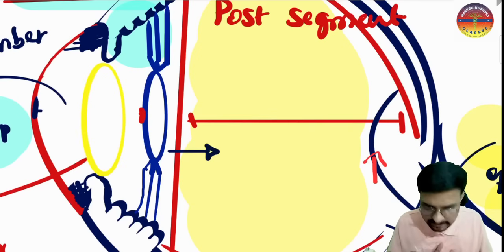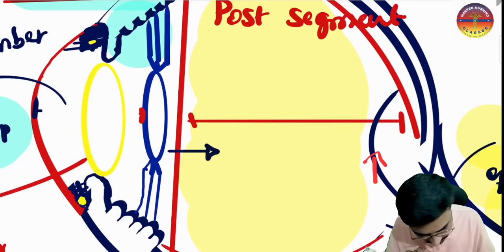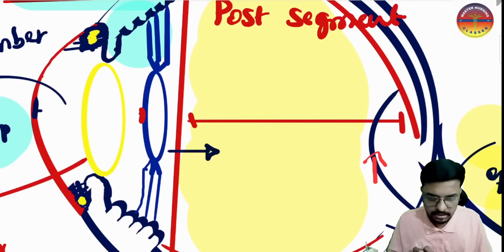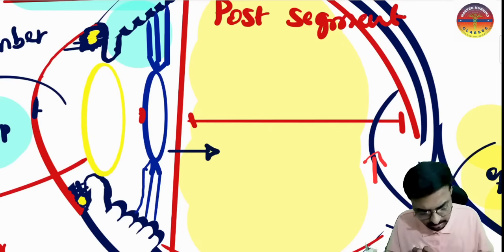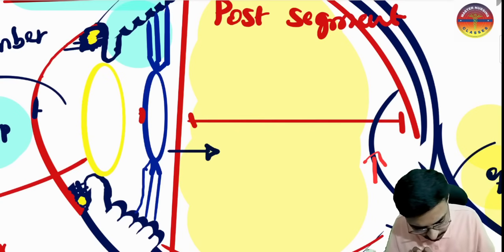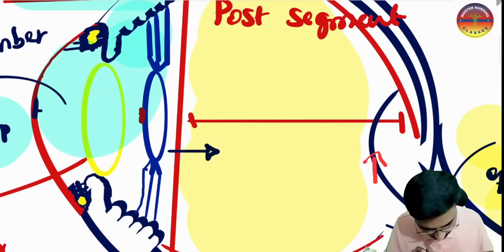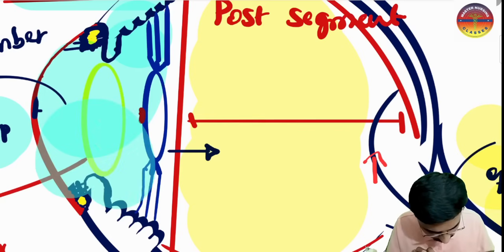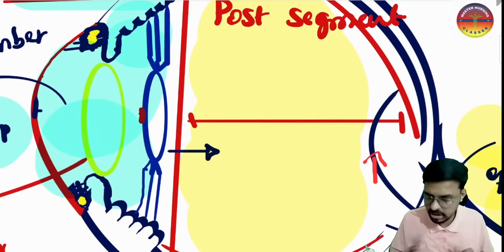So when the pupil is dilated, at that time the angle is closed here, so due to the complete blockage of our angle, the drainage of our aqueous humor is not happening. So again there is blockage of the outflow, which leads to increased intraocular pressure.